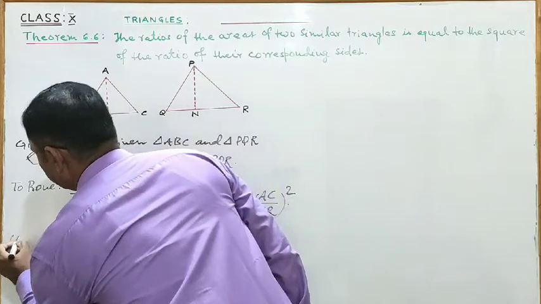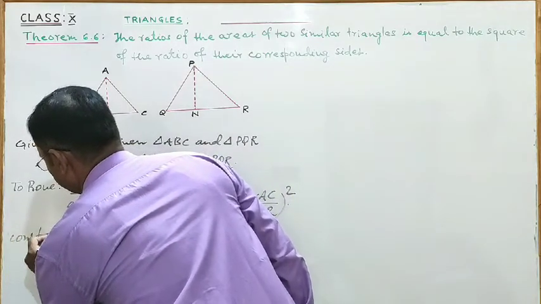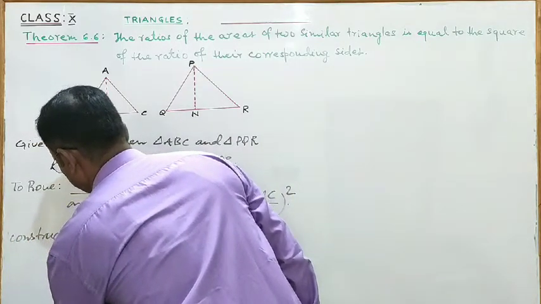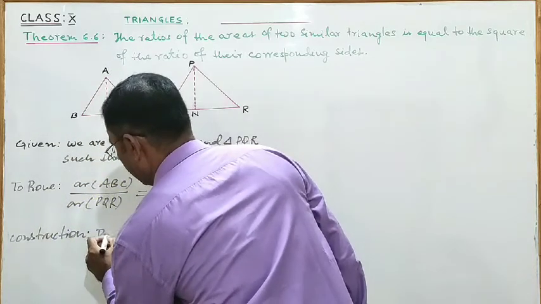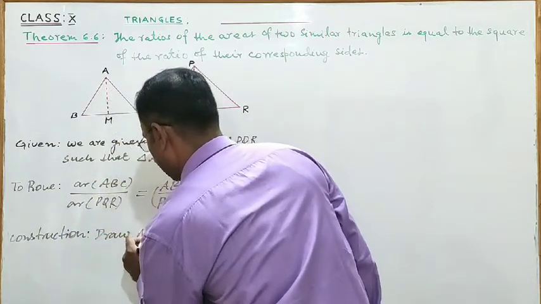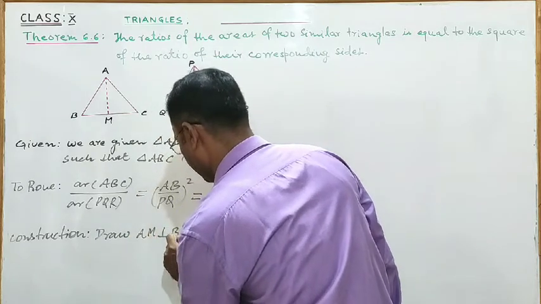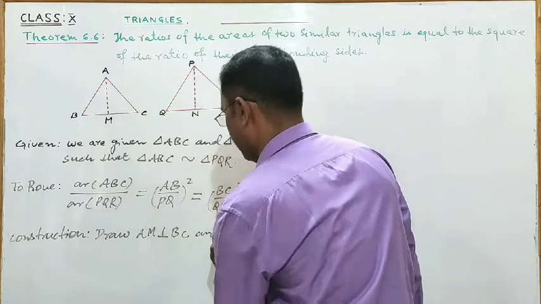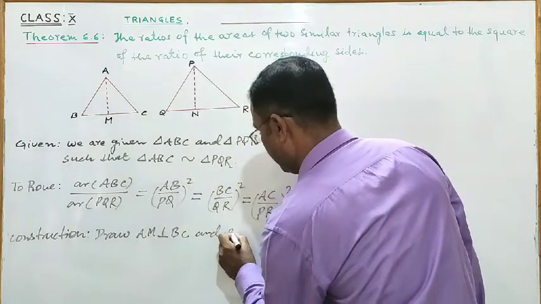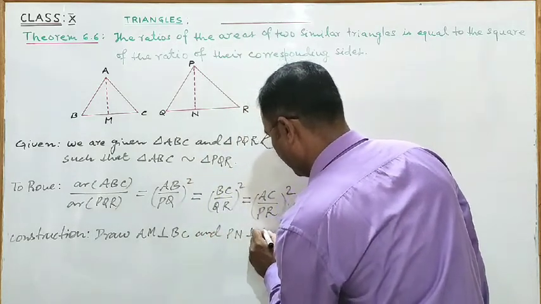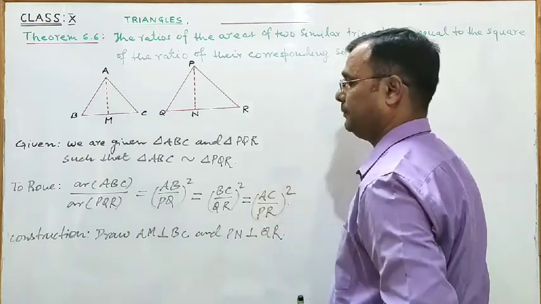So construction: draw AM perpendicular to BC and PN perpendicular to QR.